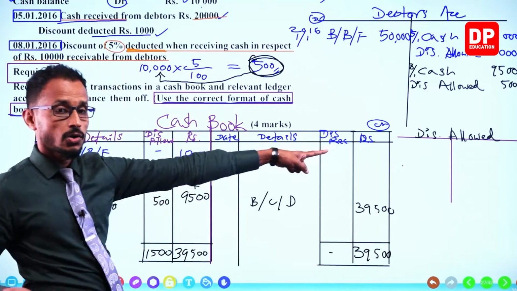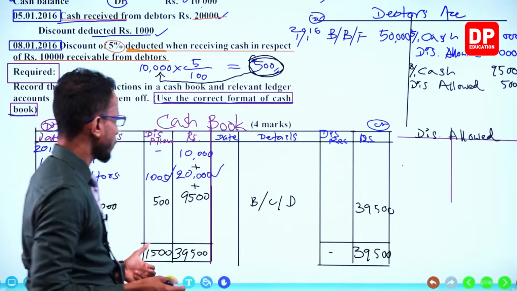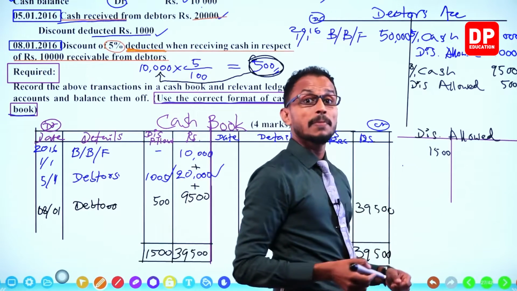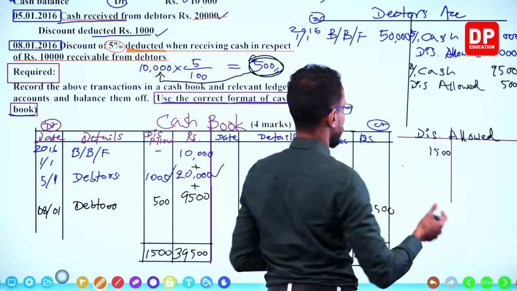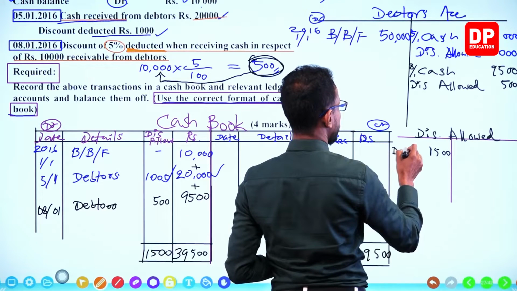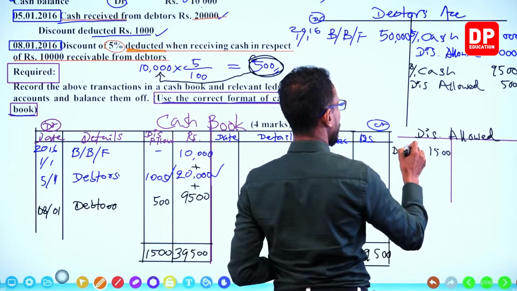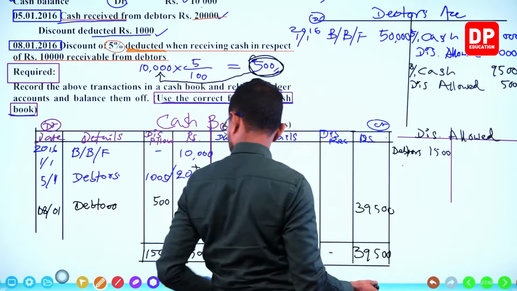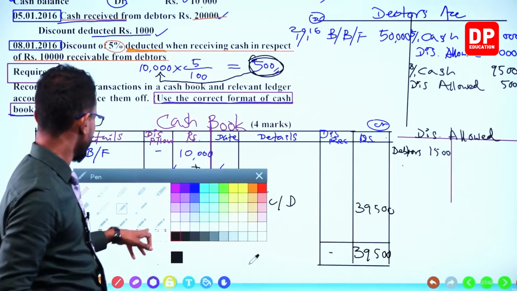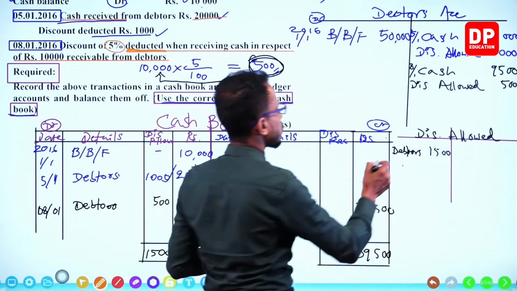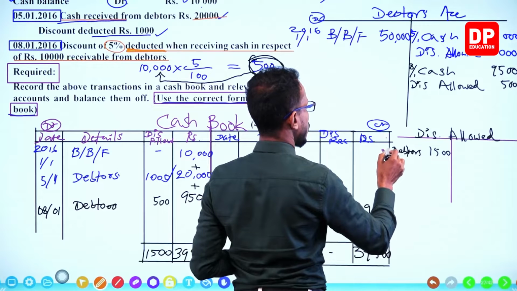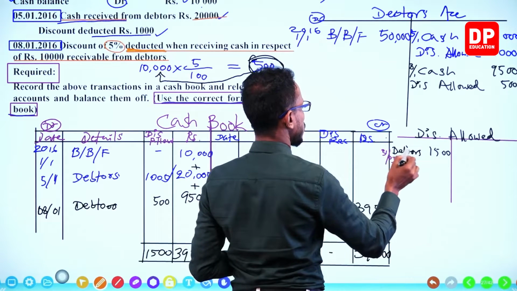Into the discount allowed account, put the total of the discount allowed column, 1,500, into the debit side, because it's an expense. Discount allowed is an expense. Debtors is the description. Okay. Don't forget the date. Date is 31st, the last date of the month. 31st March.